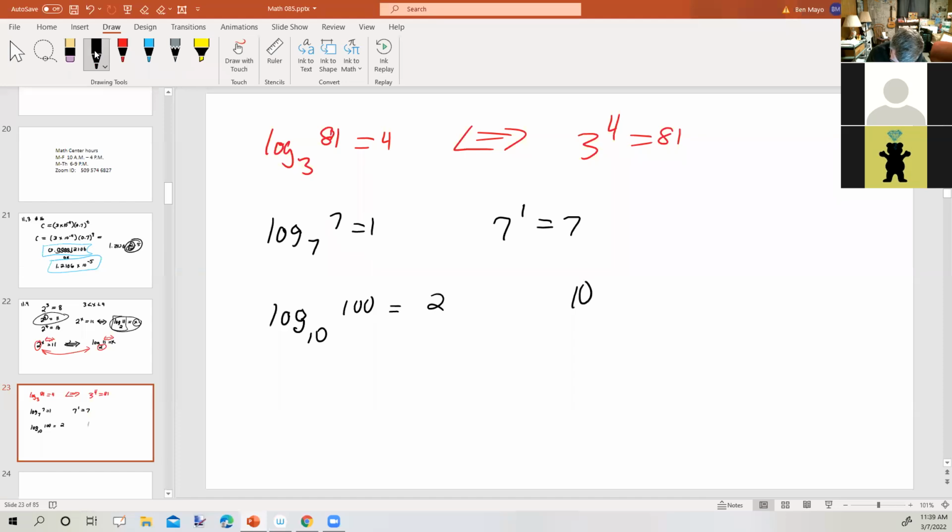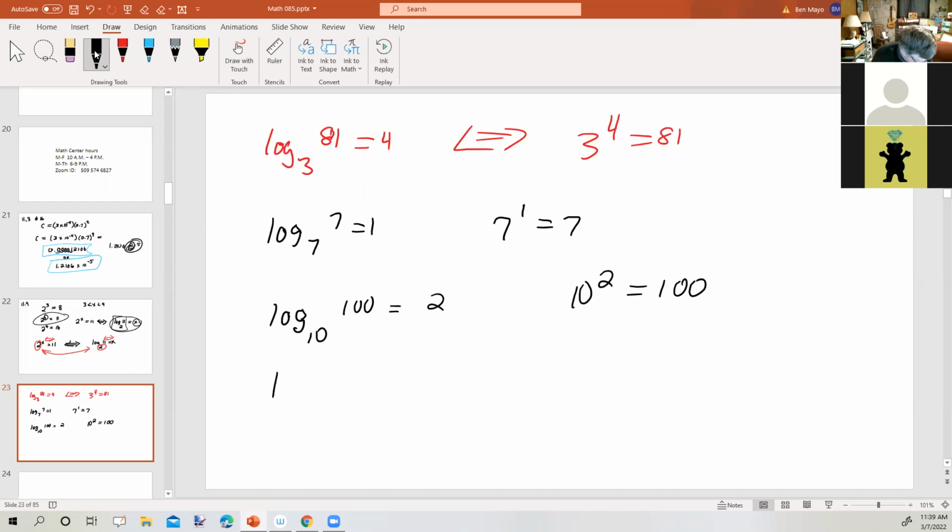This would become 10 to the 2 power, or 10 squared, equals 100. Again, any questions about changing from logarithmic form to exponential form? The base is the same, and the other two numbers change places.